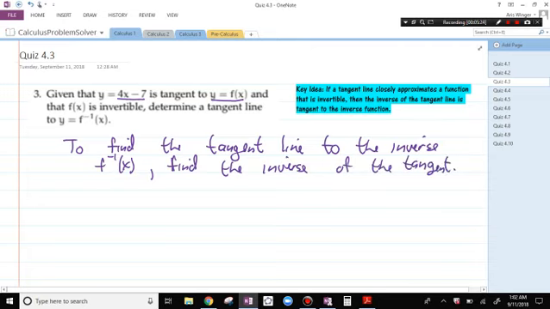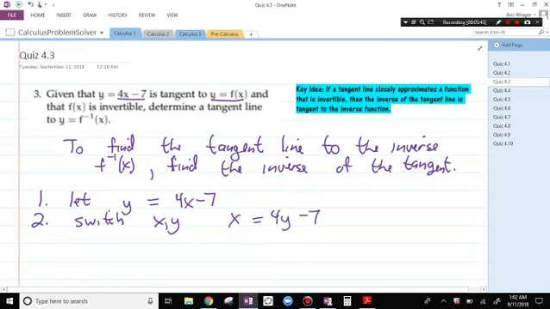Well, we know the steps to finding an inverse. Step 1, you let y equal the function, 4x minus 7. Step 2, you switch the x's and y's. And so x equals 4y minus 7. And then step 3 is you solve for y.